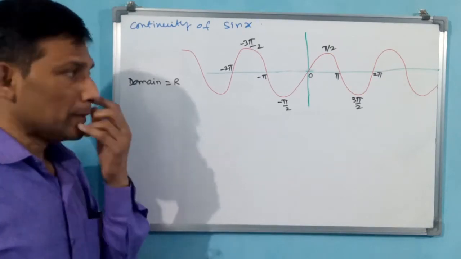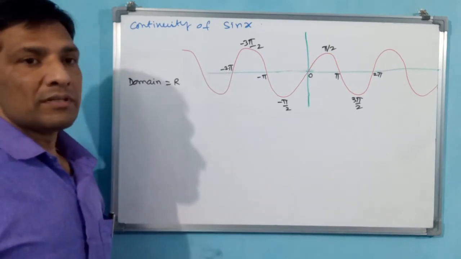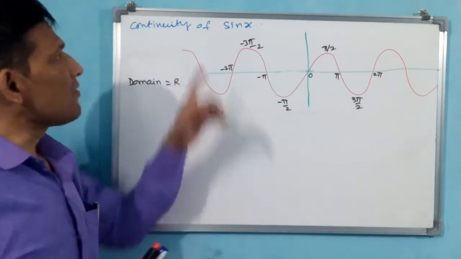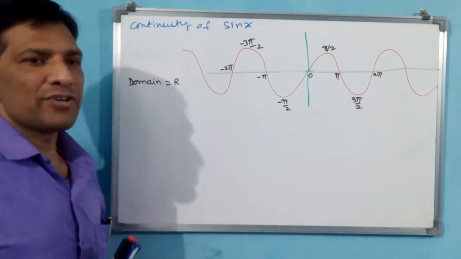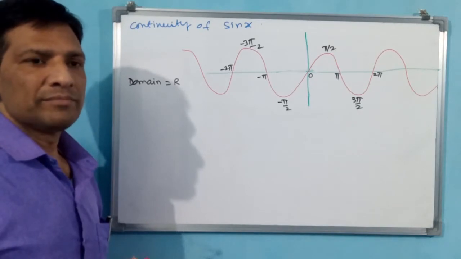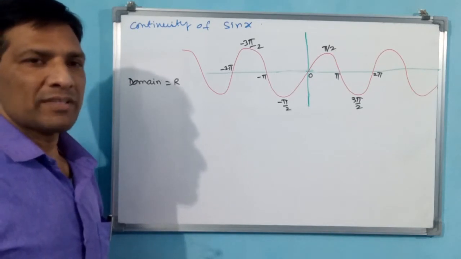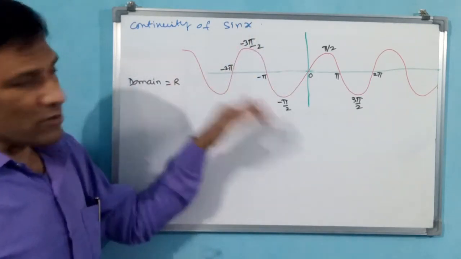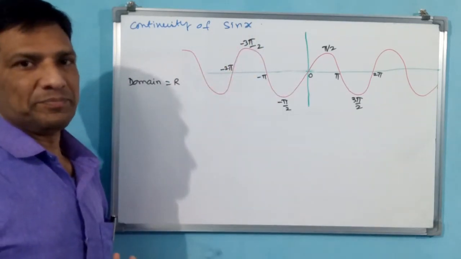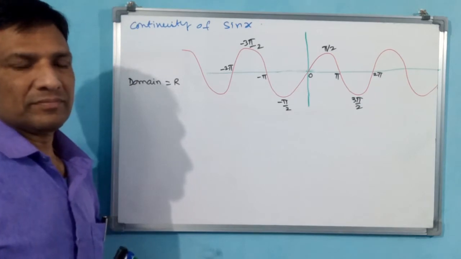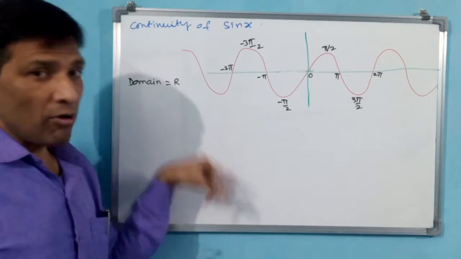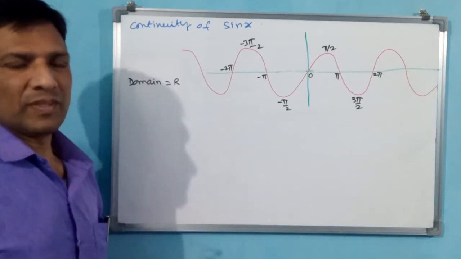Okay. Now you see sin x. First you tell me, why has sin x now come in the algebra of continuity? Because sin x itself is two functions. Why? Because x is separately one function, and sin of x is another function. Okay. That is why we can take this in algebra of functions. Understand?